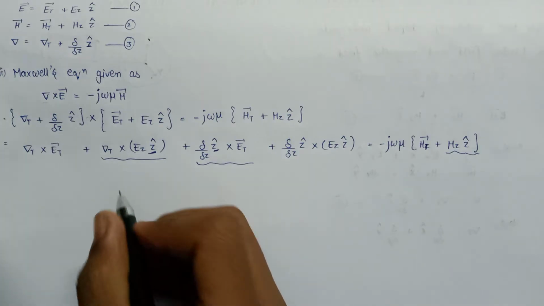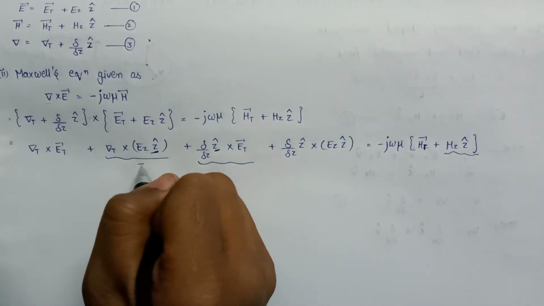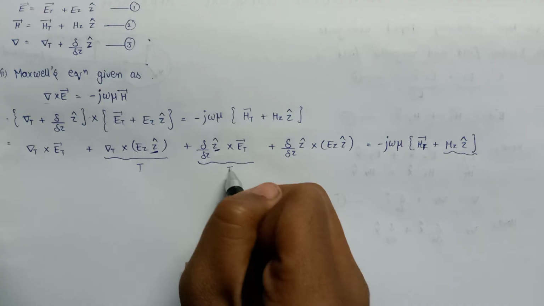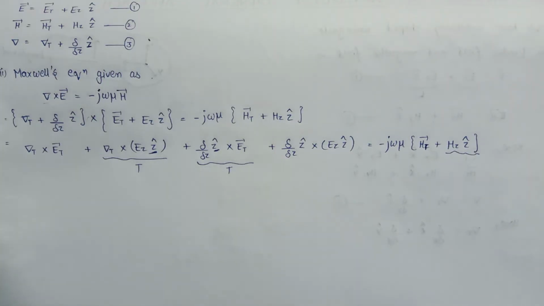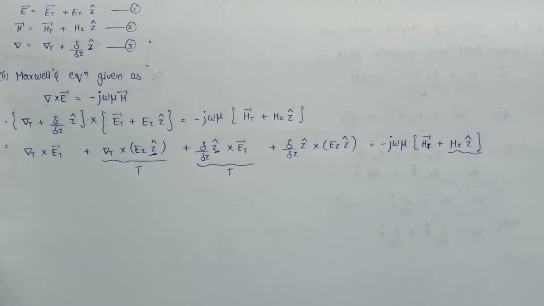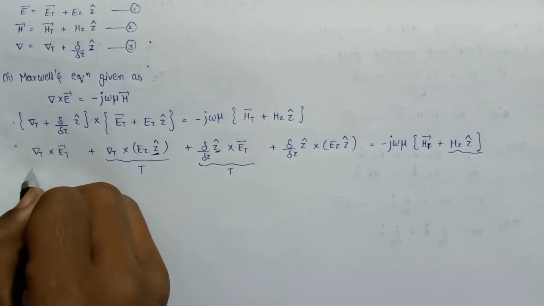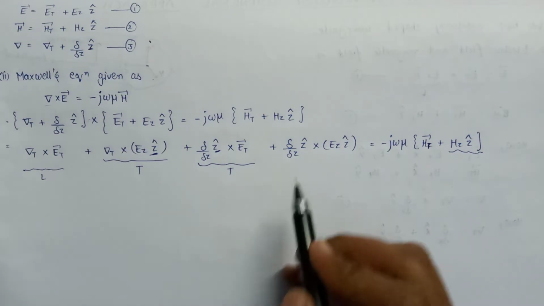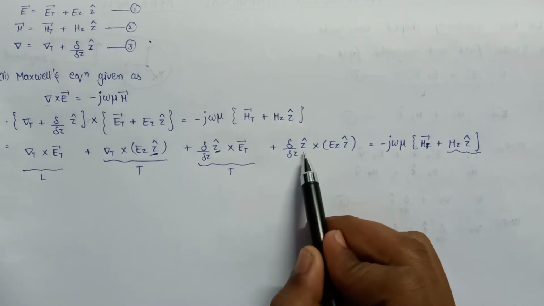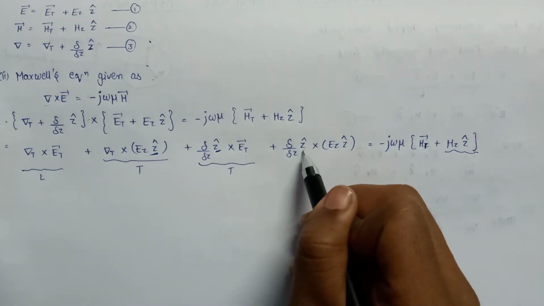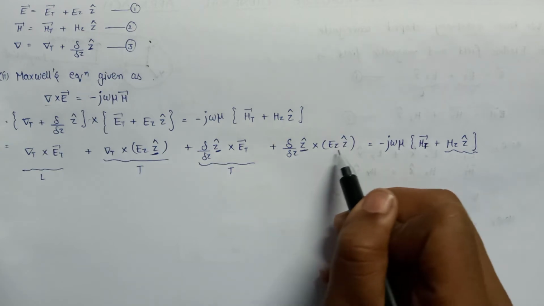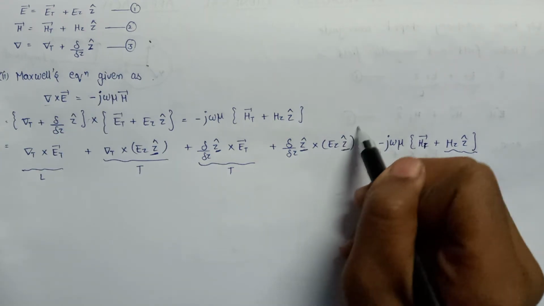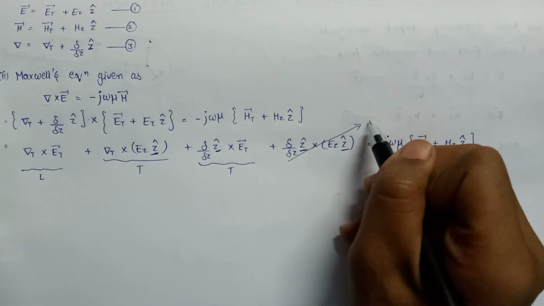So we can say that this is a transverse component, this is also a transverse component, and the rest are longitudinal components. Since here Z cap is cross product with Z cap, it is nothing but equal to 0.